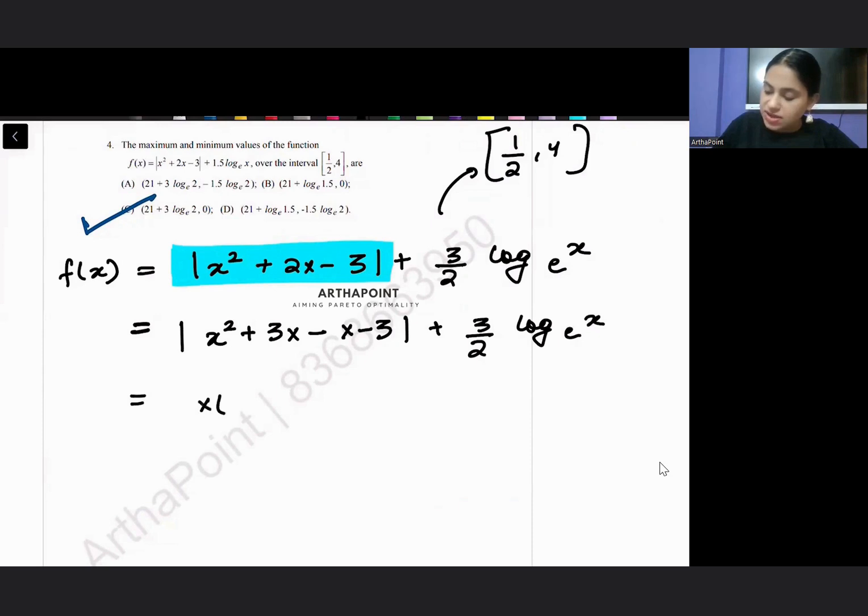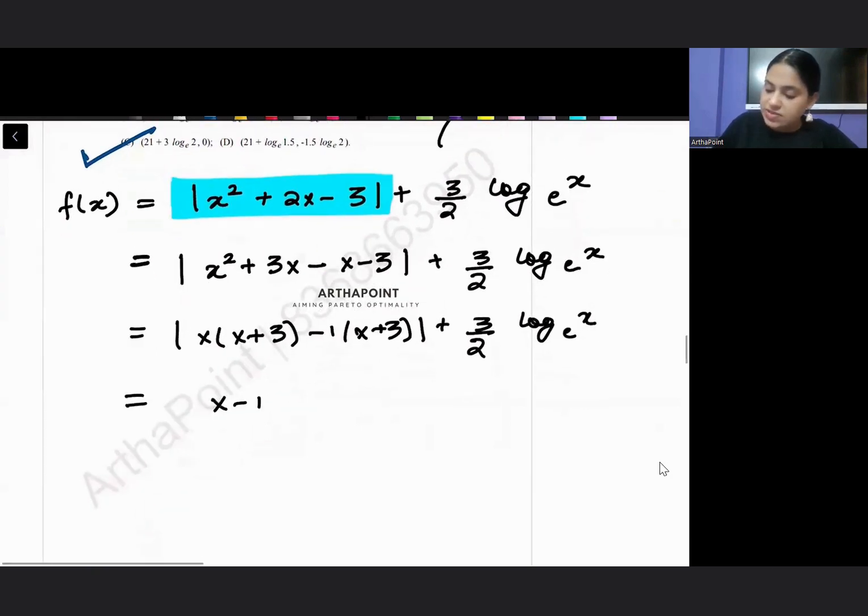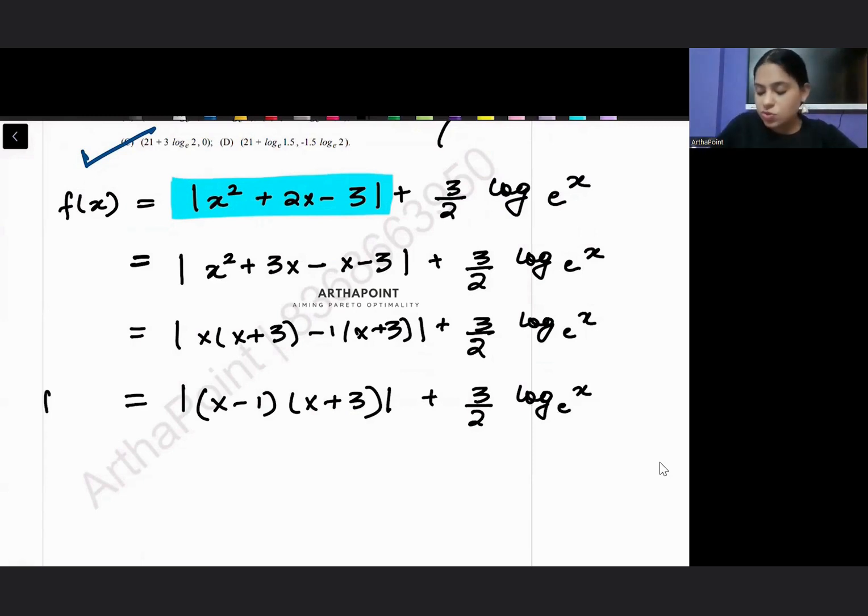I'm just factoring it out. So this is going to be x plus 3 minus 1, x plus 3, and plus 3 by 2 log x to the base e. This is going to give me x minus 1 into x plus 3 in mod plus 3 by 2 log x to the base e. This is going to be my function, right?